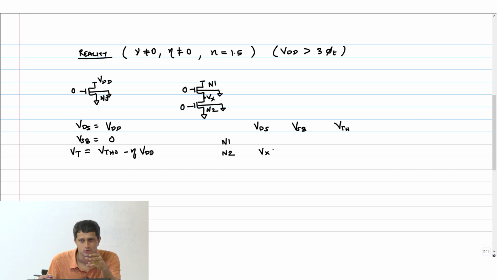Phi t ln 2. You just saw it, right? Somewhere very close to ground, couple of millivolts actually, right? If phi t is 26 millivolt, ln 2 is less than 1. So it's even less than 26 millivolts. So it's nearly ground. Okay. Now what about VSB? 0. VTH for this bottom transistor.